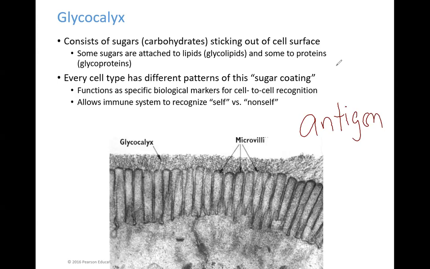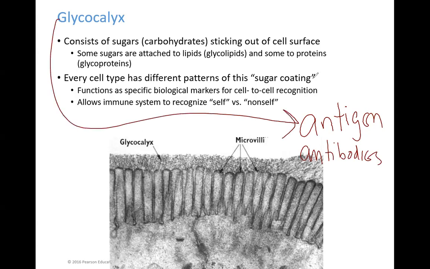Our body's immune system creates antibodies that will block or destroy or target for destruction the antigens. So the glycocalyx structure is essentially our antigens.